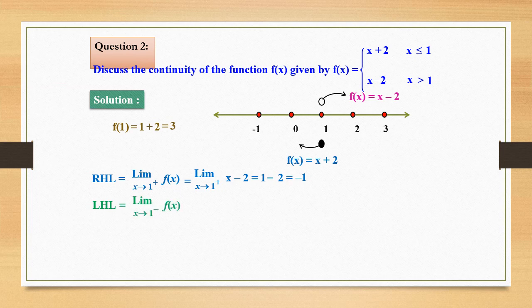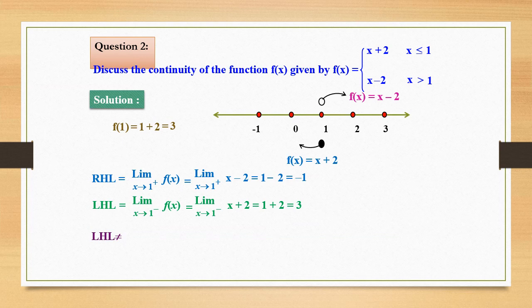Next, LHL, limit of f of x as x tends to 1 minus, which equals limit of x plus 2 as x tends to 1 minus, which equals 1 plus 2, which is equal to 3.